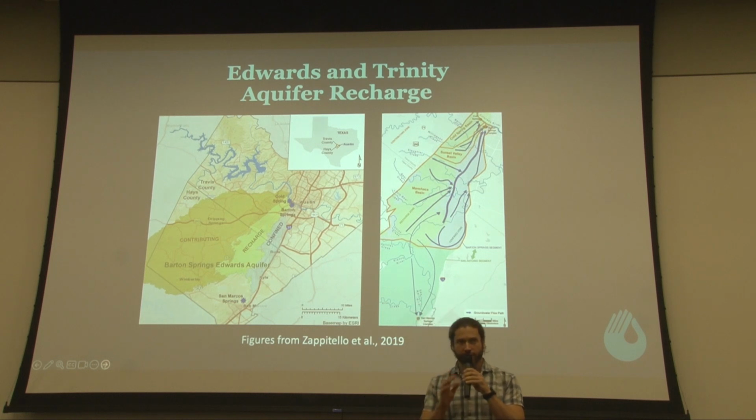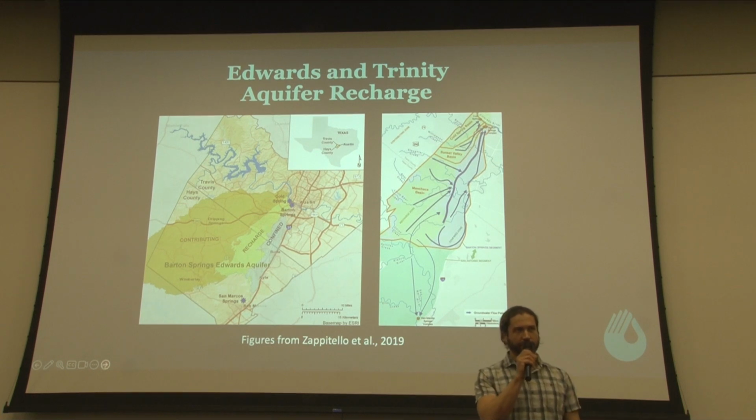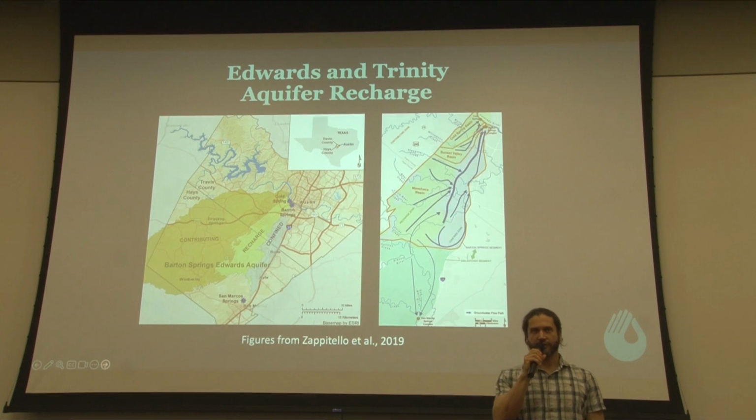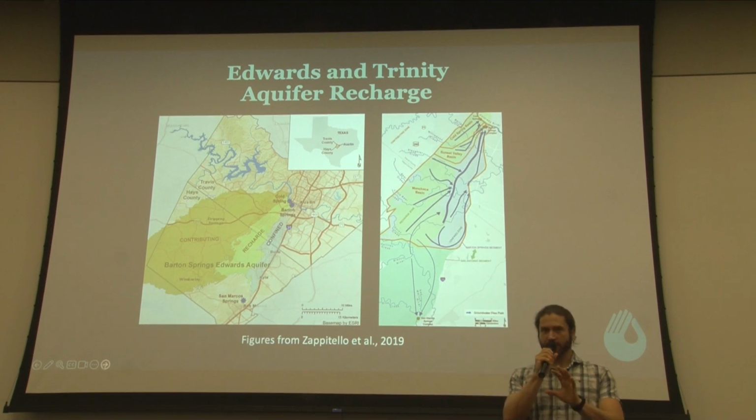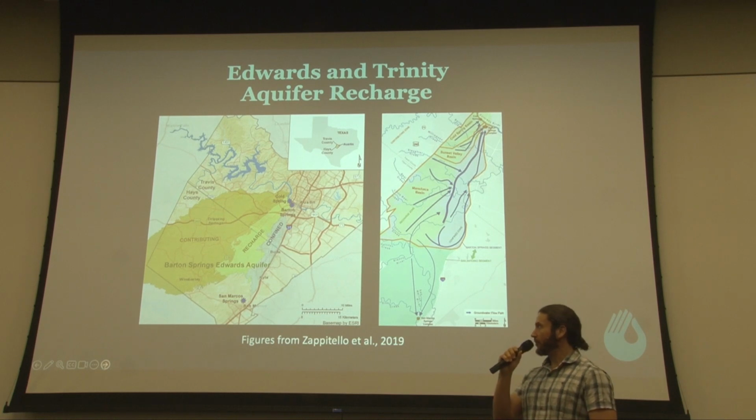Both of our aquifers are karst aquifers, carbonate karst aquifers, which generally means that the groundwater flows quickly through the system. A lot of the groundwater flow and storage is happening within solutionally enlarged caves and conduits. With the Edwards in particular, it is closely connected with the surface water system.